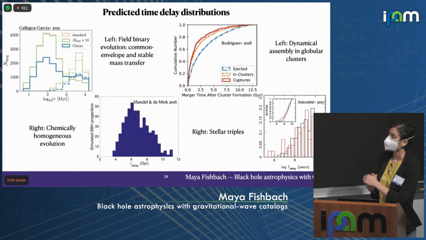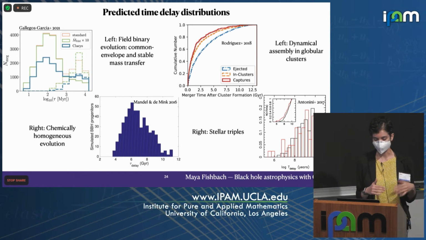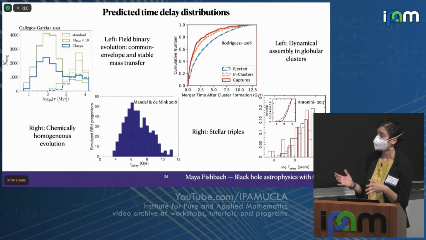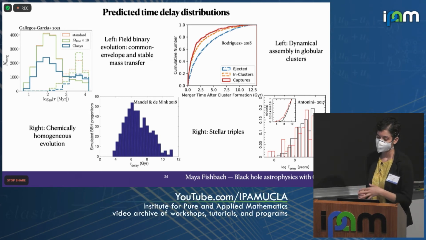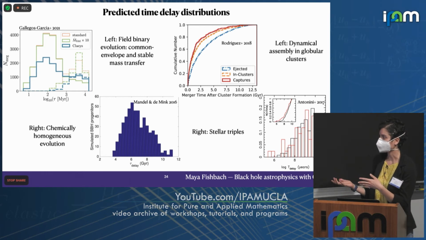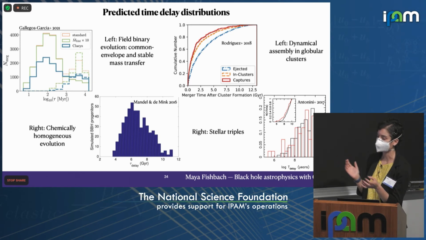And the reason this is interesting is for several reasons that Michaela actually talked about as well earlier. But one reason this is interesting is because the time delay distribution actually directly relates to the physics by which these things are assembled in the first place.